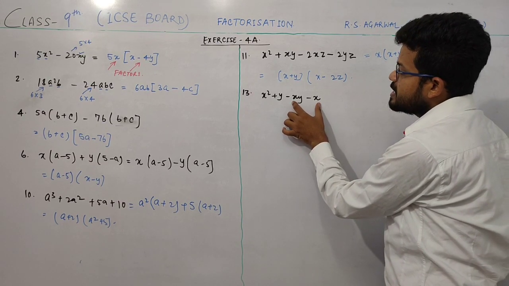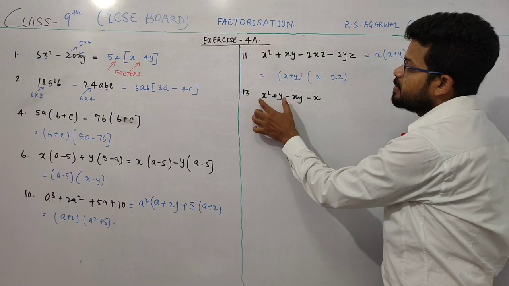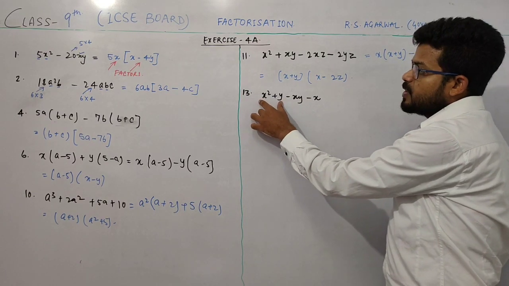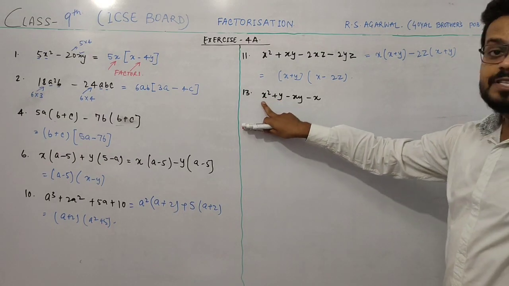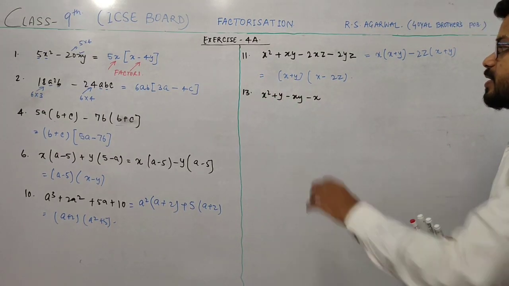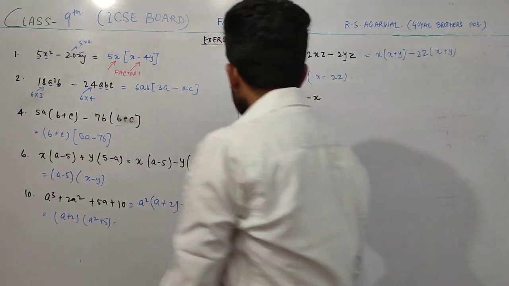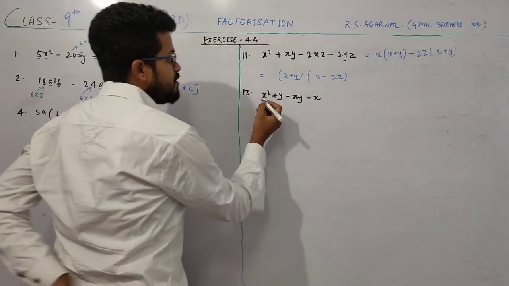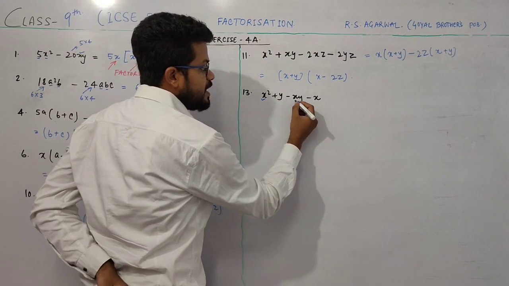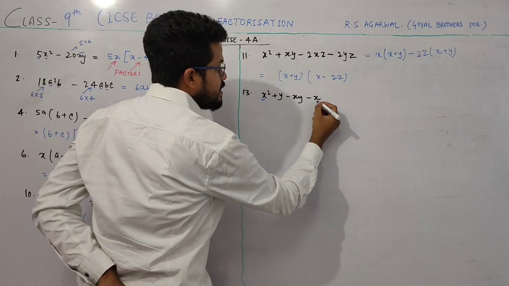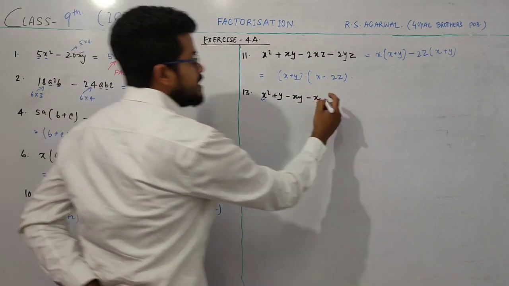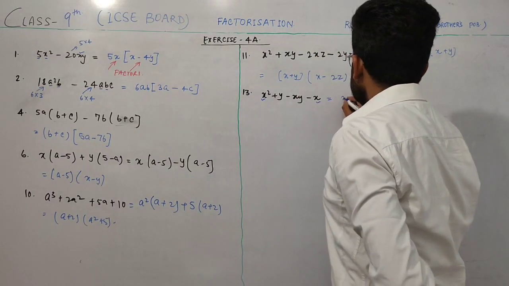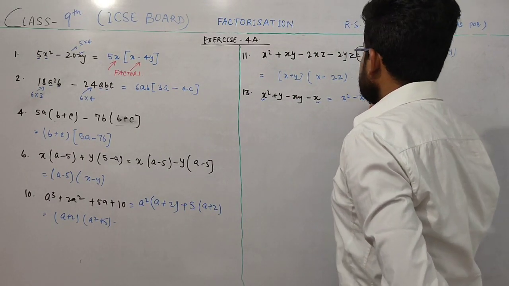If I take x as a common, here it is y plus 1. But here there is nothing common. So firstly we have to make a group. Which group do I form? Here this is x square and here this is x. So I rewrite this equation as x square minus x.